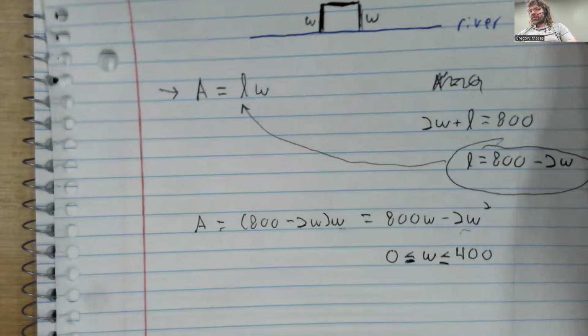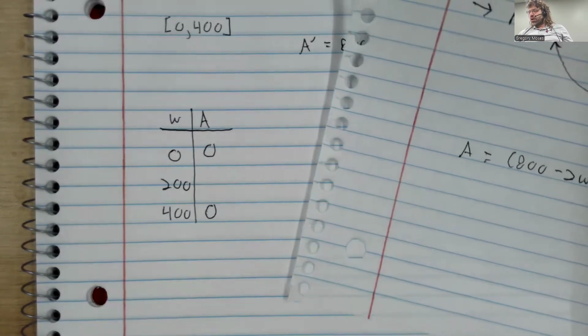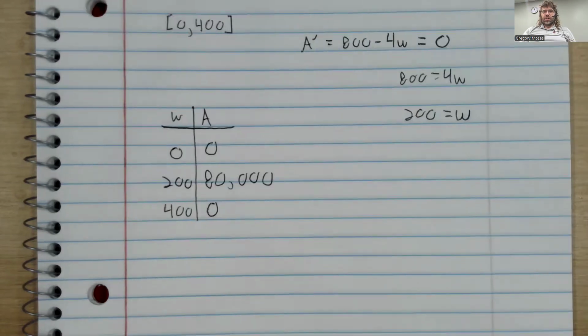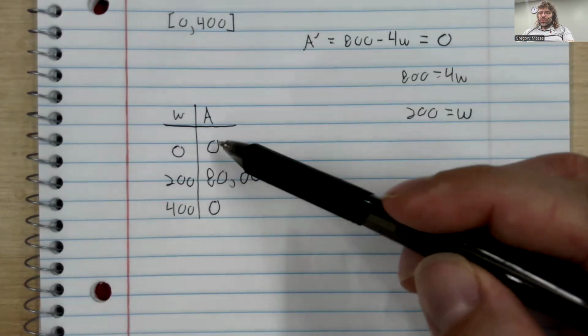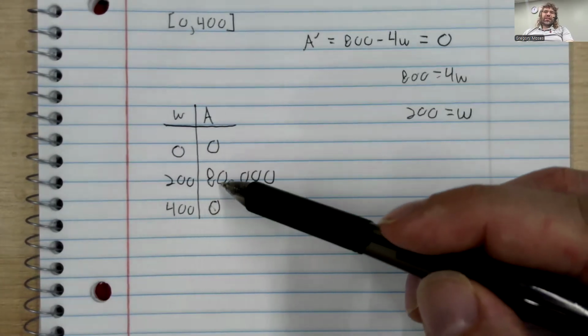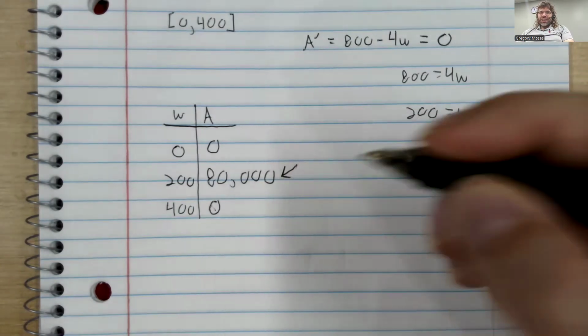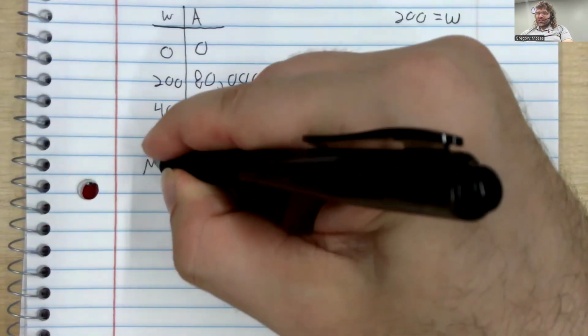Sorry about that. When we stick 200 in, we get 80,000. So we're looking for the maximum. Is it 0? Is it 0? Or is it 80,000? I would say that it is 80,000.